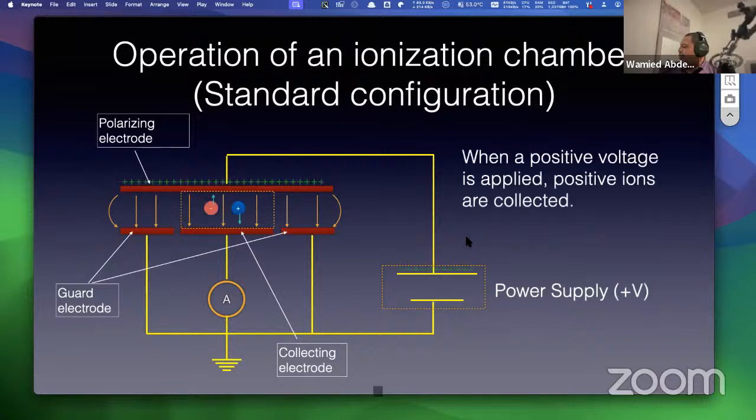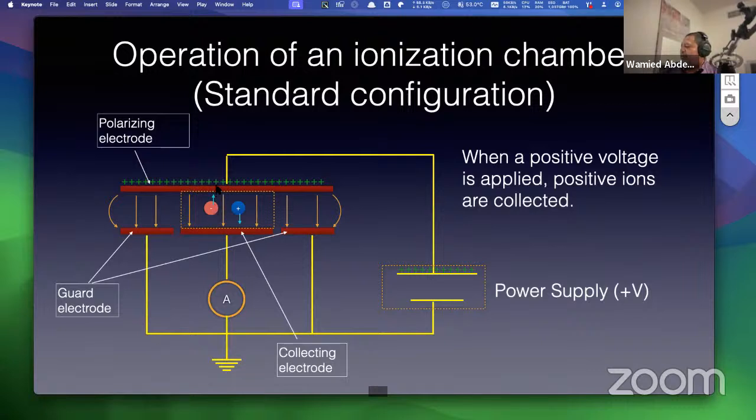So now when we put a plus V voltage on the chamber, what's going to happen? We're going to polarize this. We have a positive charge on this electrode, and then the radiation will produce ions in the chamber. When the ions are produced, the positive ions are going to go down to the negative electrode, or the negative voltage, and the negative ions are going to be attracted.